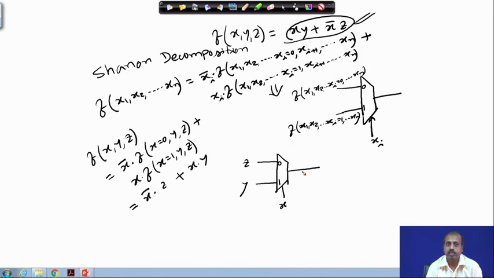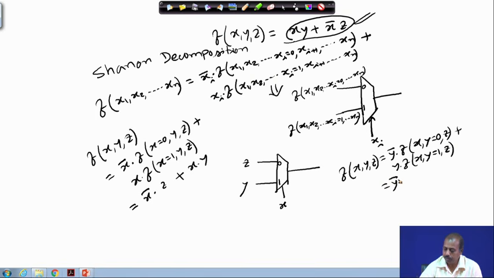Now, if somebody, instead of taking x as the variable around which we decompose, takes say y as the variable around which to decompose, then we get the function realization as f x y z equal to y bar into f x, y equal to 0, z, plus y into f x, y equal to 1, z.